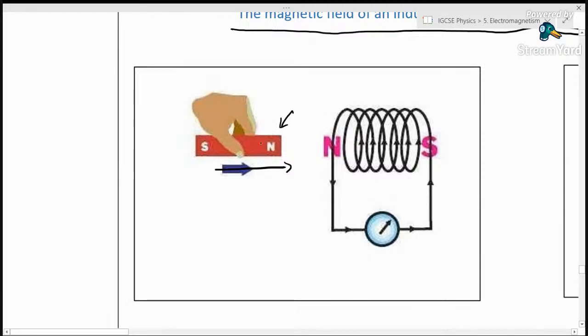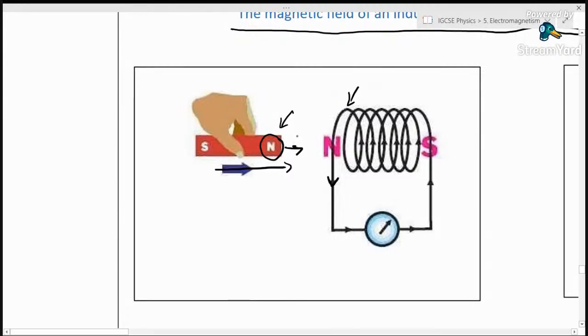So we have a north pole that is moving this way, which means the current that gets induced in this coil will try to oppose the change that's making it. So it will set up a current. The current in this wire will be such that there is a north pole on this side, because this side is trying to oppose this change.